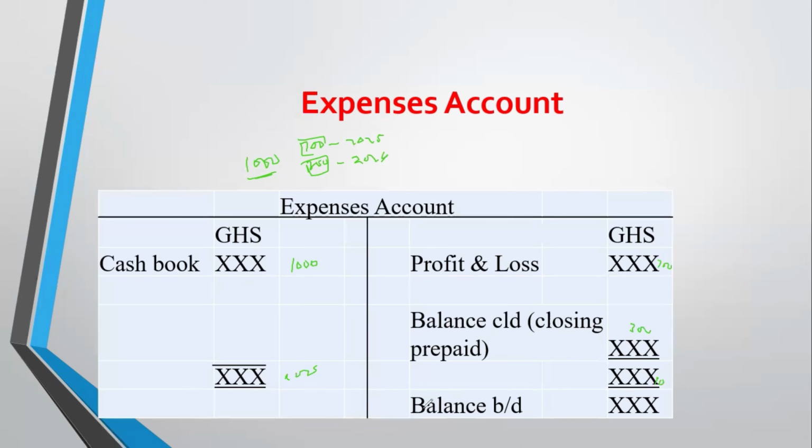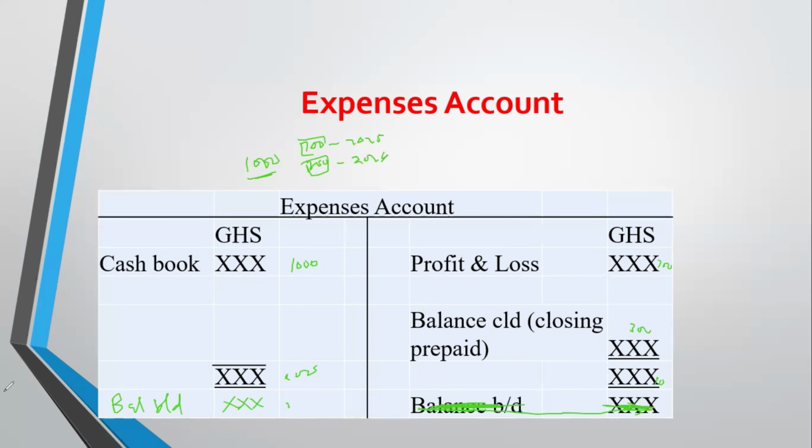Sorry, this balance carried down should not be here. It should rather be here, as balance brought down. So this 300 will also come here. So that is how the expenses account will look when there is a prepayment.